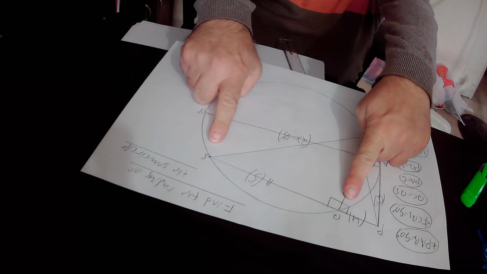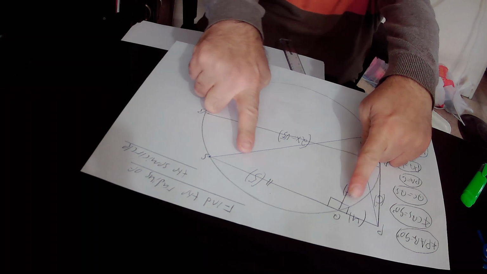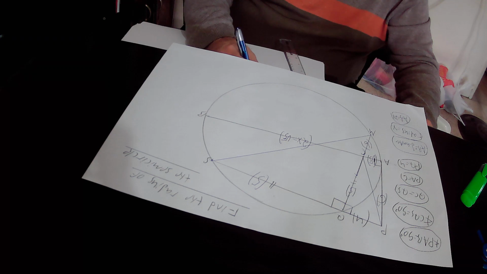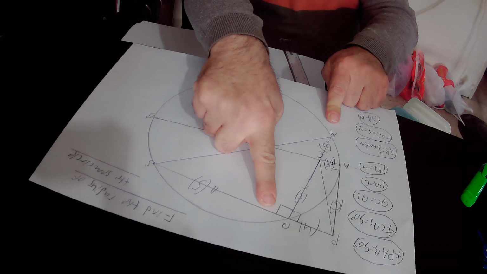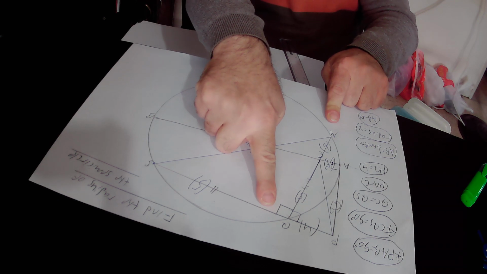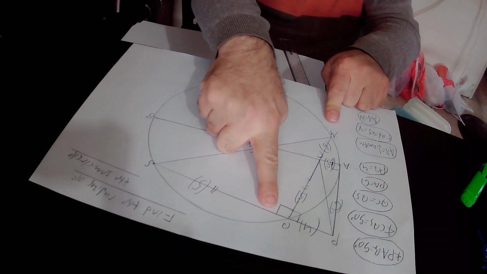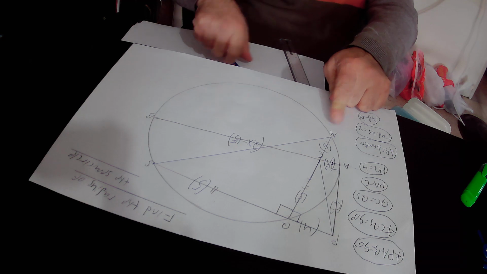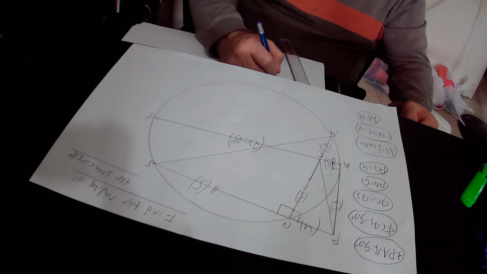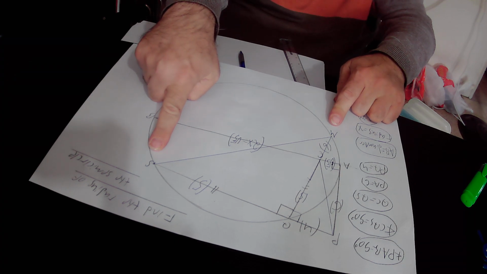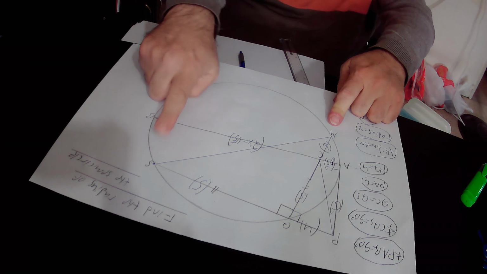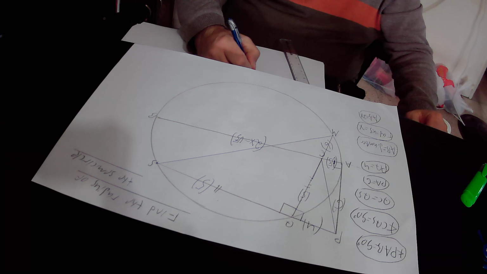Side QS of the right triangle QMS equals 5 units in its length. Side QM in total equals QC plus CM. That is to say, QM equals QC, that is 5, plus CM, that is B. So in total, QM equals 5 plus B. And the hypotenuse MS equals the diameter of the circle, that is 2x.